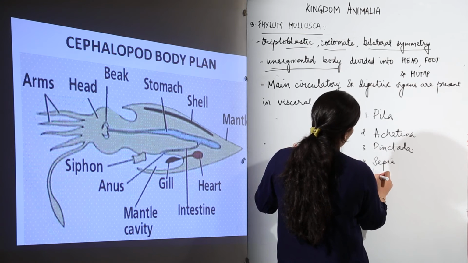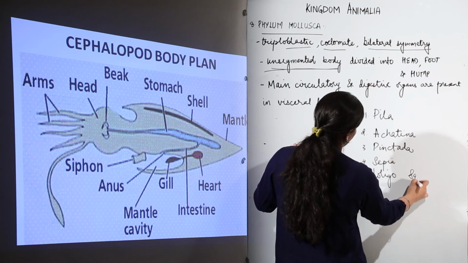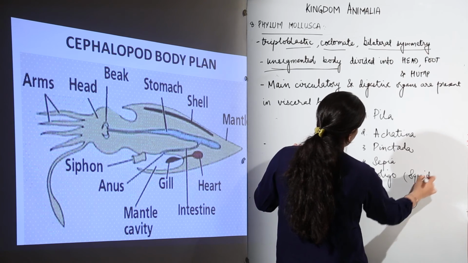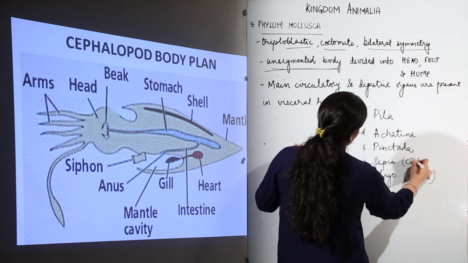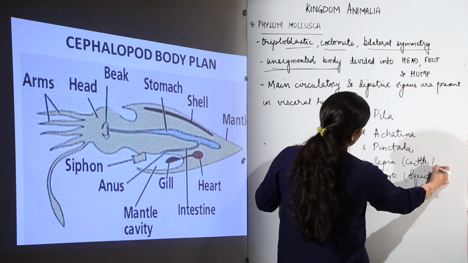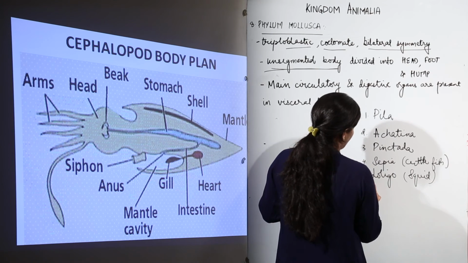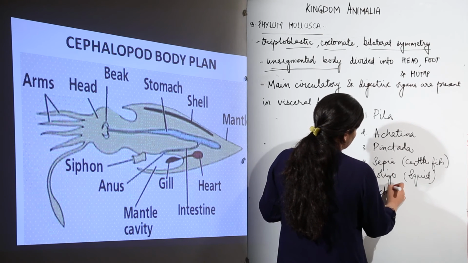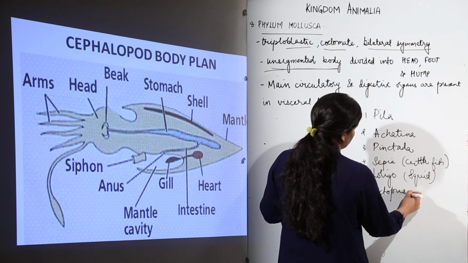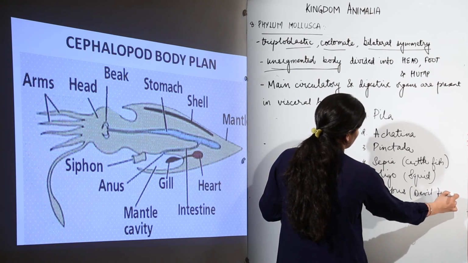Then we have Loligo, that is the squid. This is cuttlefish. All these are consumed as food by those who like seafood. Then we have octopus. Certain species of octopus are also consumed. The other name for octopus is devilfish.